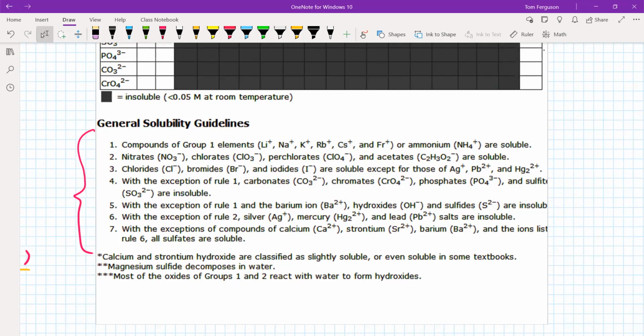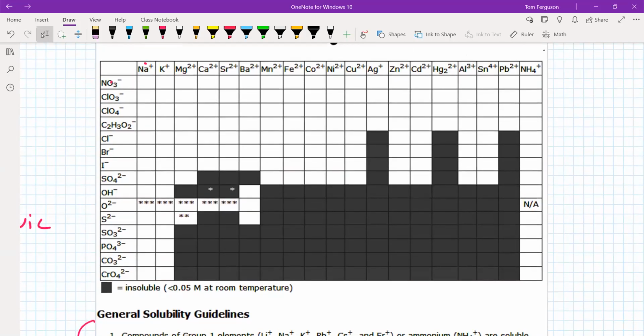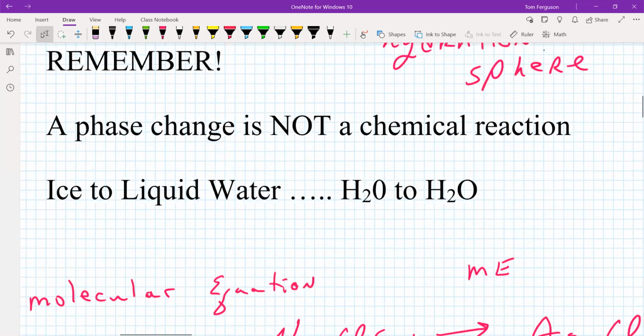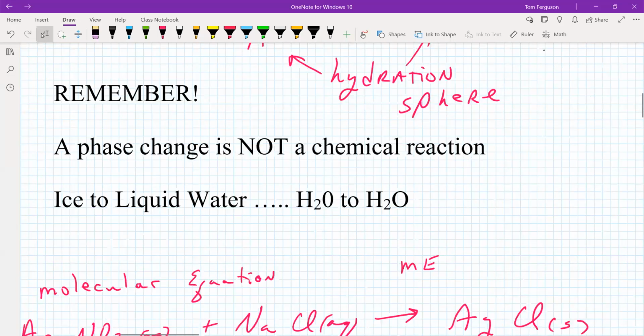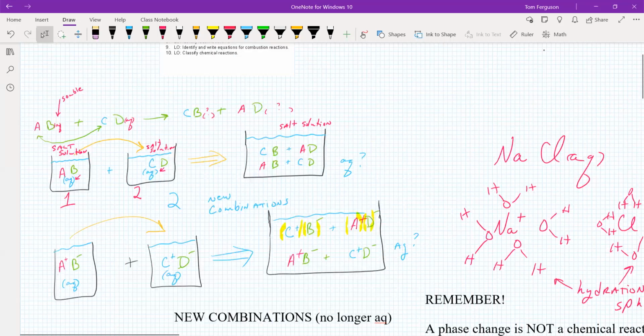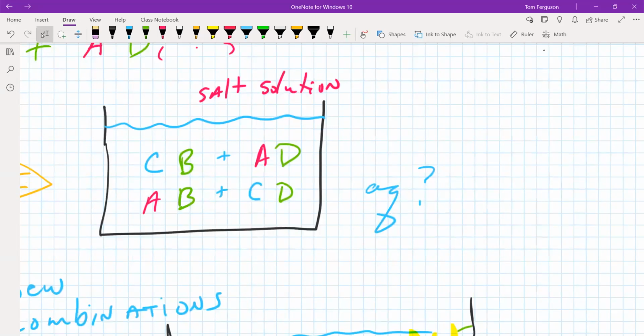So to save you that pain, I've created a table that's very black and white and really easy to use. So going back to that new solution again, is the new combo solid or not? That's what that black and white table will tell you.